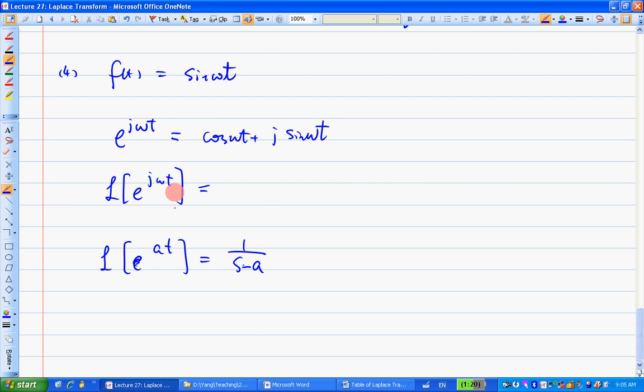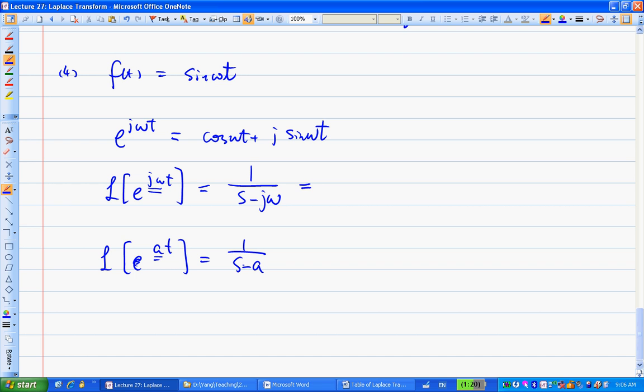So now if I compare the two results, this a is which term? j omega, right? So then the Laplace transform of e to the power j omega t, according to the results here, is 1 over s minus j omega.